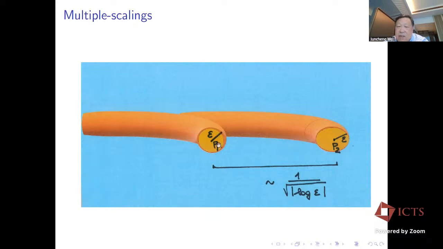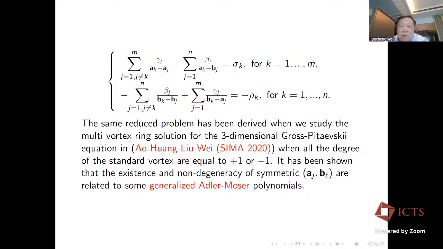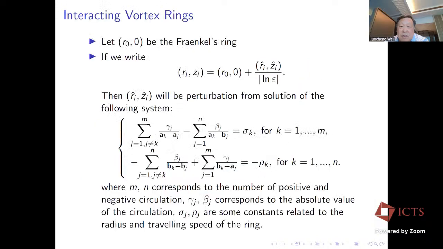So we see three scales at this point. But we should see another scale, which is 1 over log, because within 1 over log you will have traveling rings. This is the traveling ring solution. Within 1 over log, you see steady states, you see traveling rings.